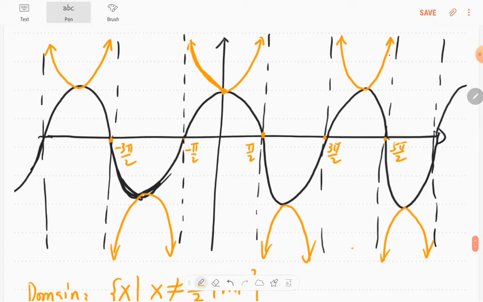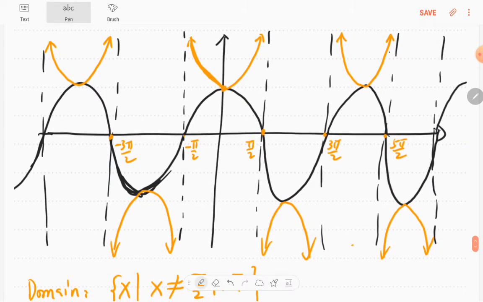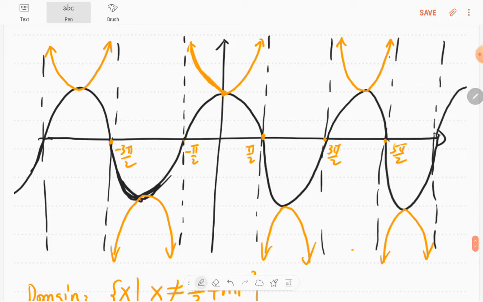Then the period is from negative pi over 2 to 3 pi over 2, which is 2 pi, right? So the period is 2 pi.